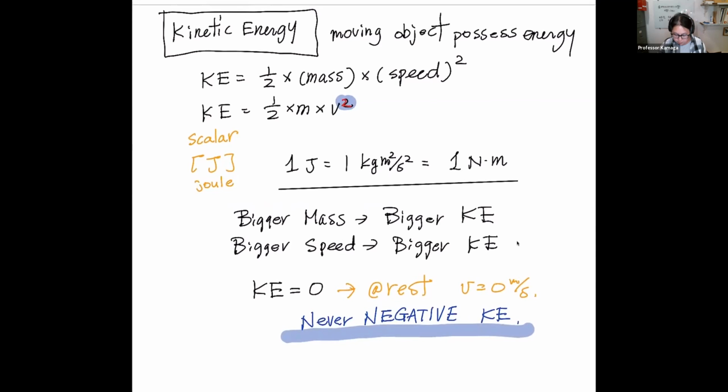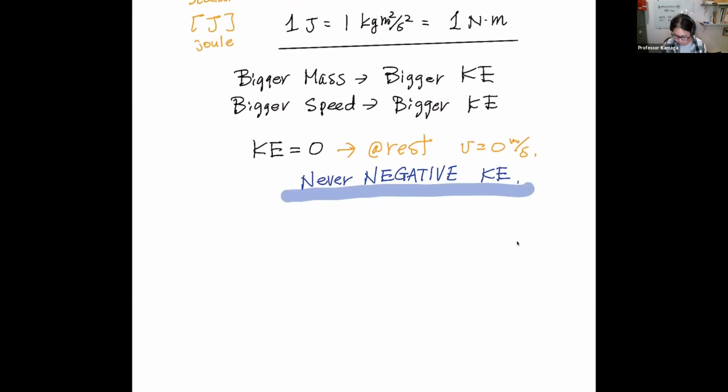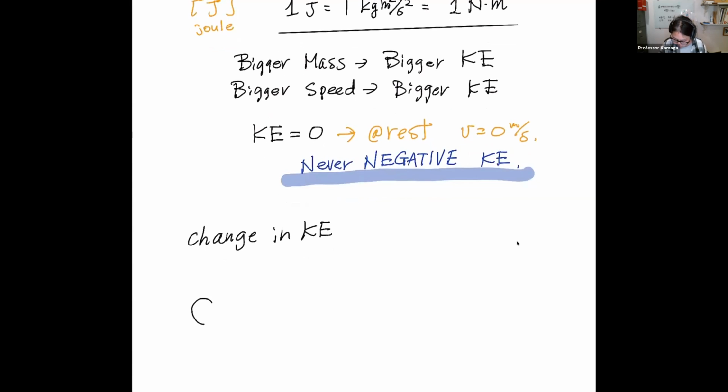What if we have a change in kinetic energy? Let's say we have an object that's moving with velocity v1 at that time, and then it changes its velocity to v2.